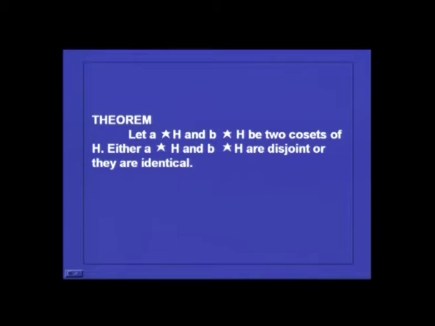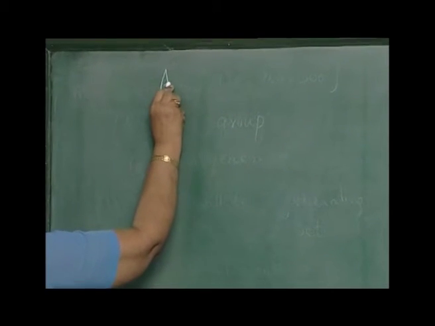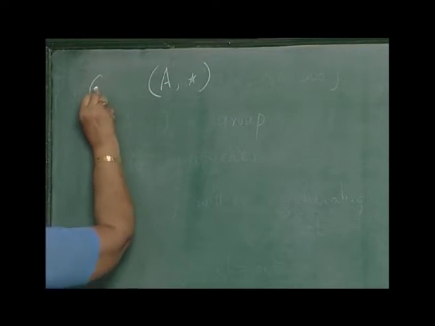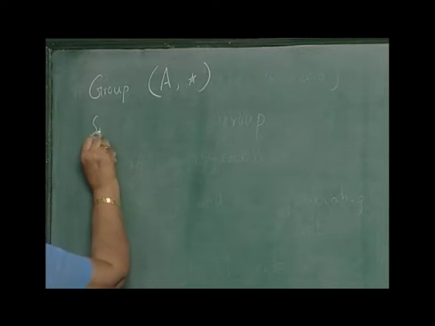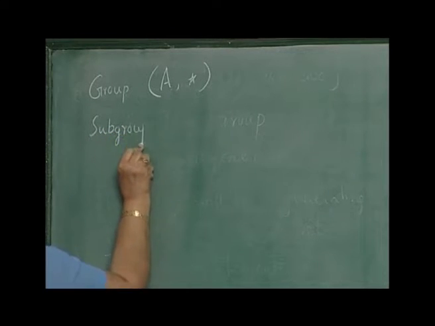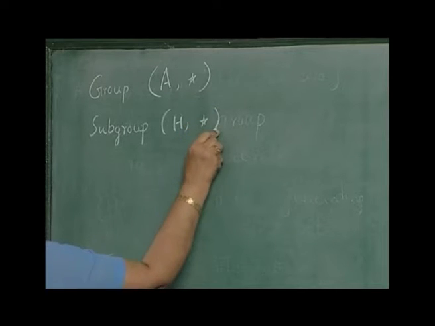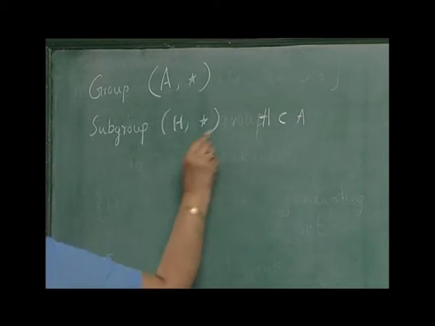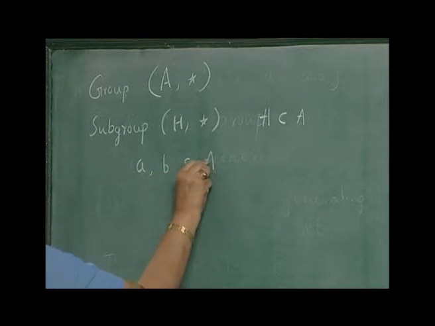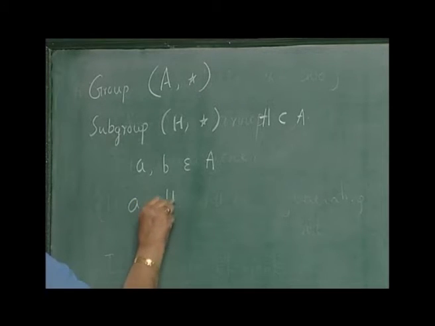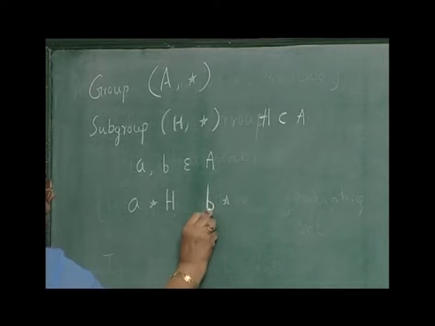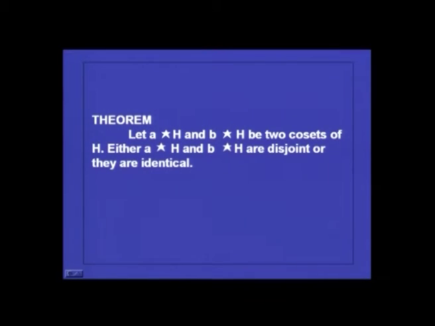That is, you are considering a group (A, star) and a subgroup (H, star) with respect to the same operation, and H is contained in A. Now, a and b are two elements belonging to A. Now we are considering a star H and b star H. These two are either disjoint or they are identical.